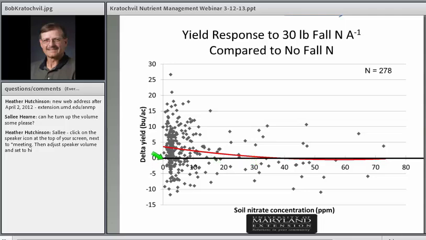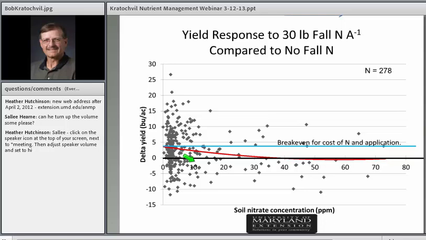This axis here, and this is the zero line, if it's above the line, there was a positive yield response with the use of 30 pounds of N. If you're below the line, there was a yield loss with the use of fall fertilizer. The red line that goes through there is a very loose description of the trend line. And what you're seeing is as residual soil nitrate increases, the yield response has a tendency to approach zero.